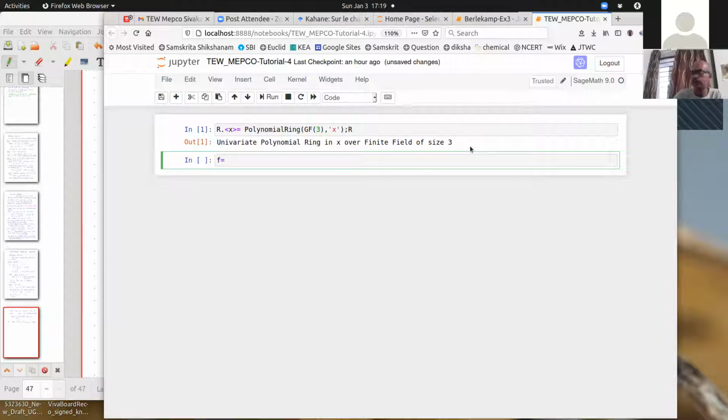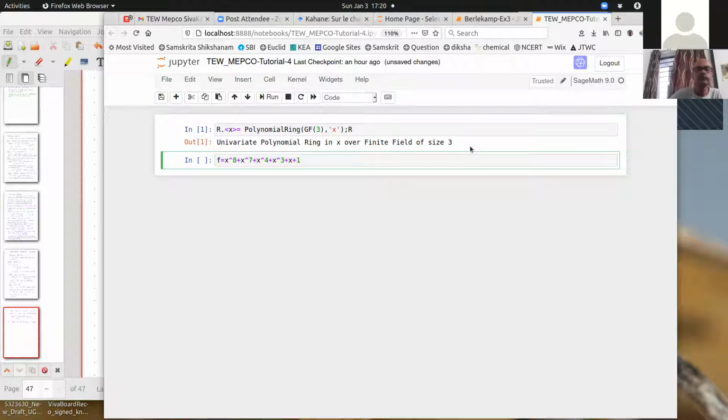Small x equal to x to the 8 plus x to the 7 plus x to the 4 plus x to the 3 plus x plus 1.